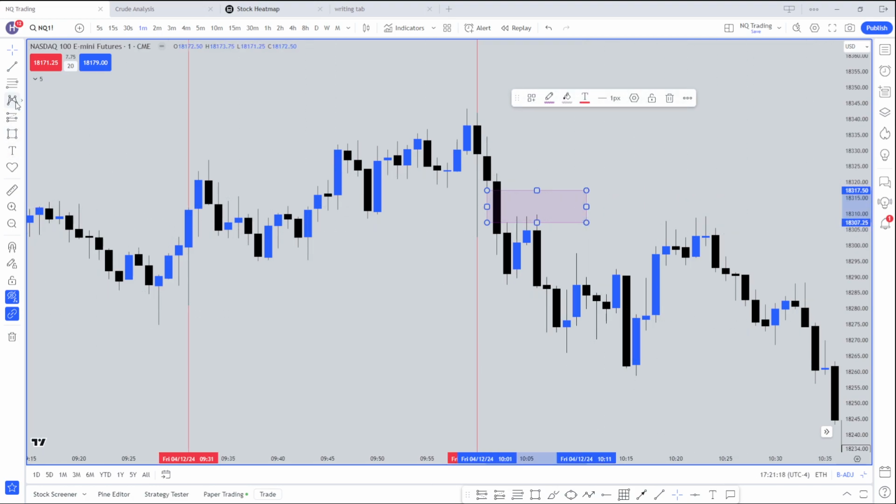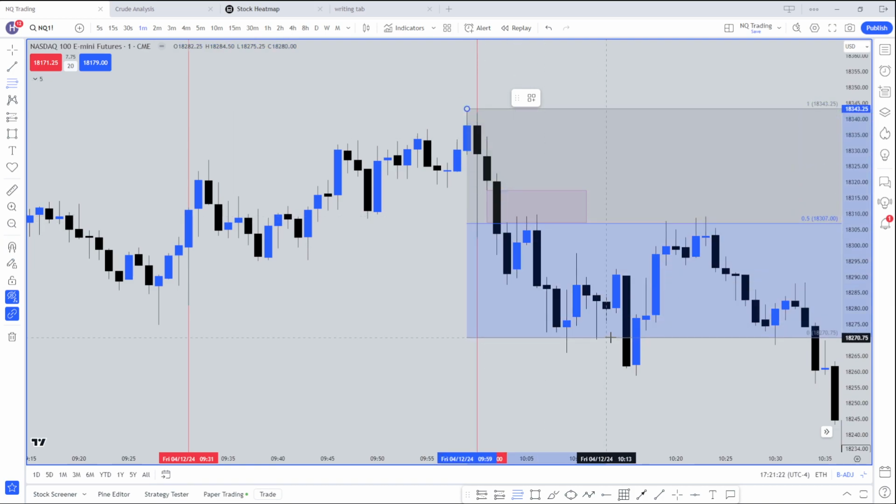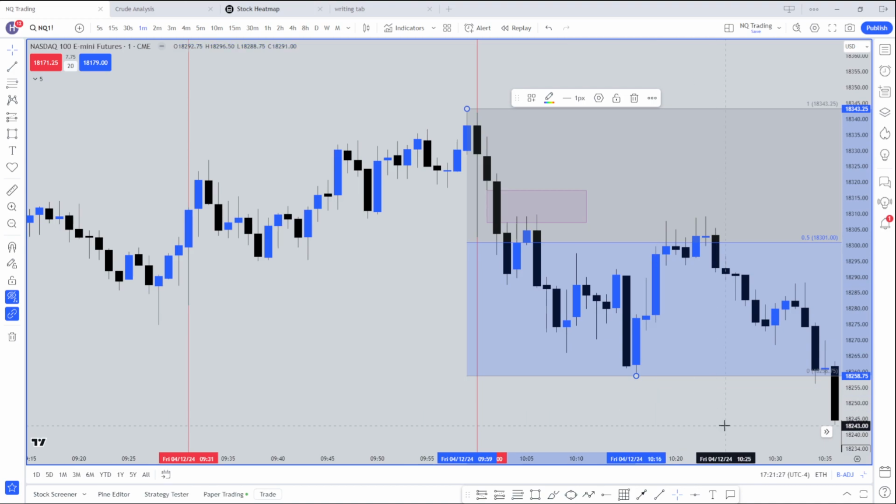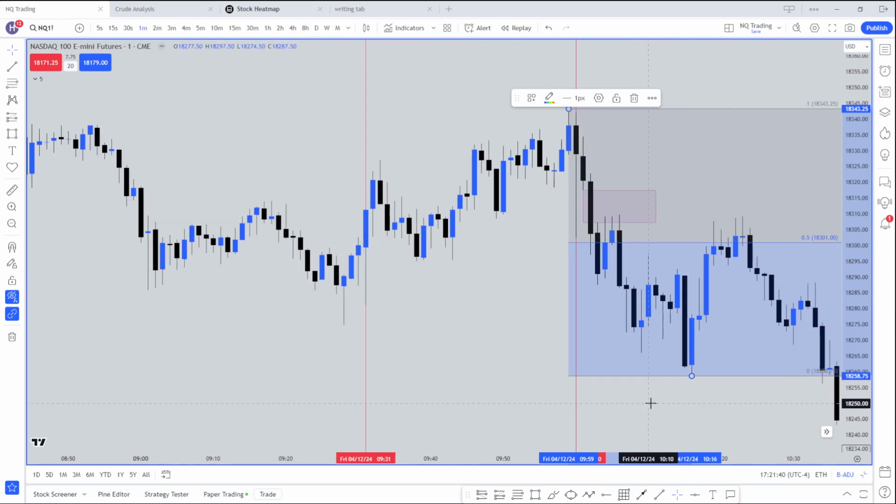Some of this stuff never ceases to amaze me. If anybody says there's no such thing as an algorithm, then they're not paying attention. See this? We create a dealing range right there within that. And what does it do? Back up into a premium before it drops.